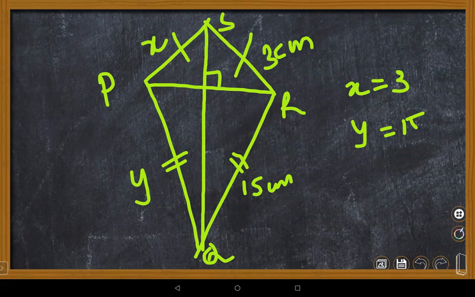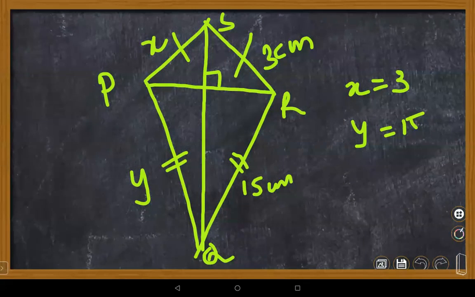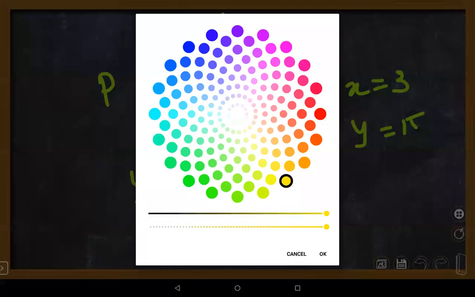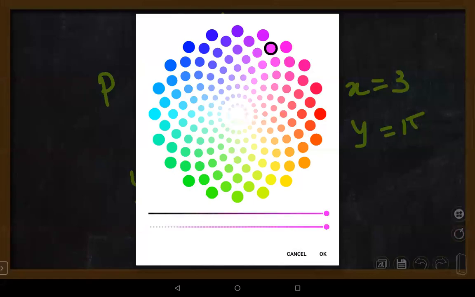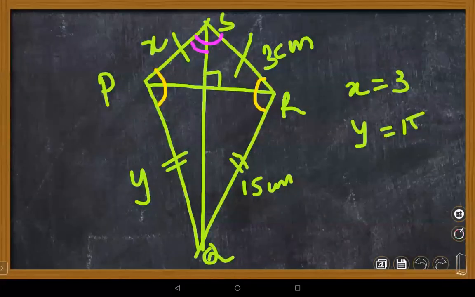Ma'am, can I answer? The opposite angles are equal. Very good. P is equal to R and S is equal to Q, ma'am. Very important point. This point we didn't write on the screen. Ma'am, opposite angles are equal. Very good. Ma'am, only one pair of opposite angles.